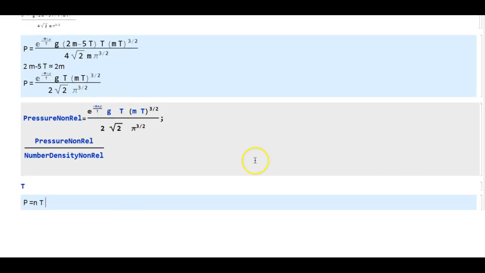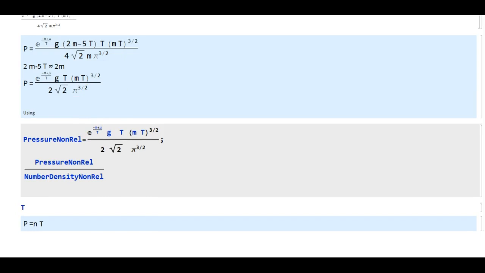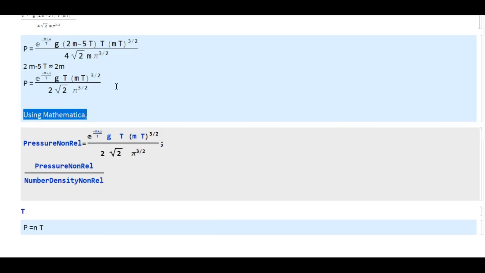This is all Mathematica output. So pressure becomes nT.